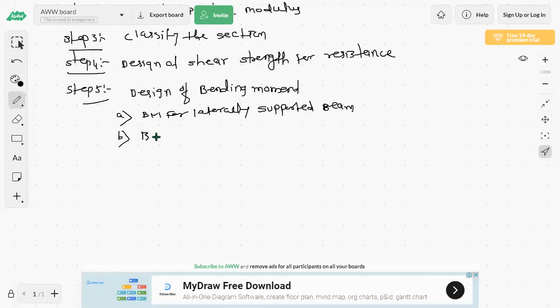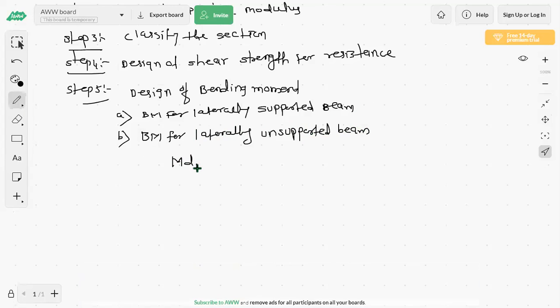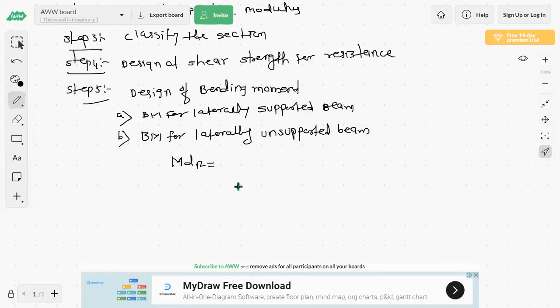So bending moment BM for laterally unsupported beam, how to calculate? The formula is MDR is equal to beta B into ZP into FBD.